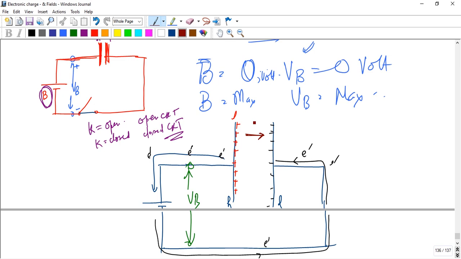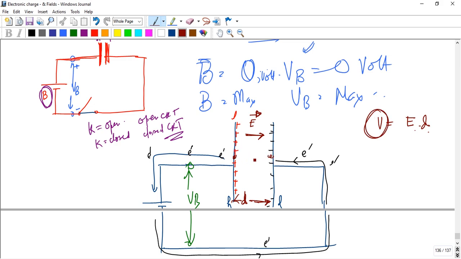We know that V is equal to E times the gap between these two, called L, or say D. E times D gives us a potential, and that potential difference is here.